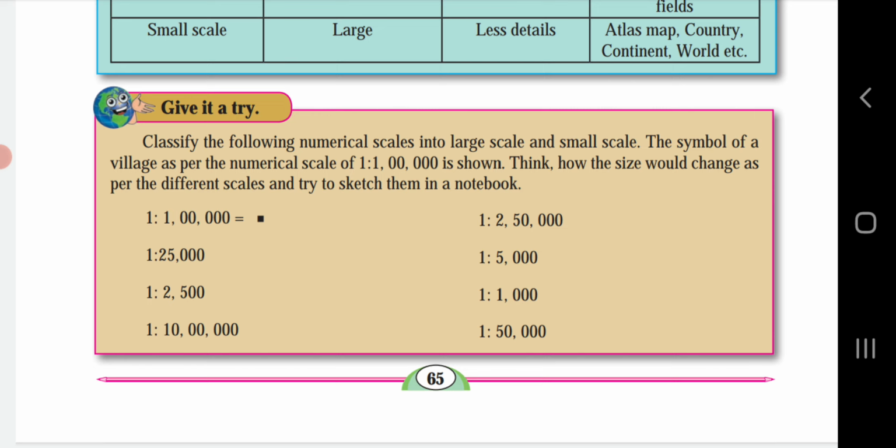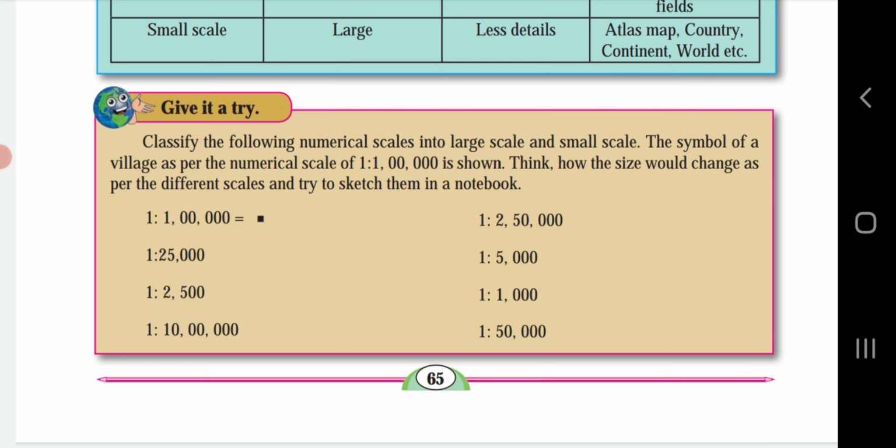Okay, the first one they have given is 1:1 lakh. The classification for this will be small scale. So 1 fraction 1 lakh will be 1 mm into 1 mm. It will be the size of the symbol.